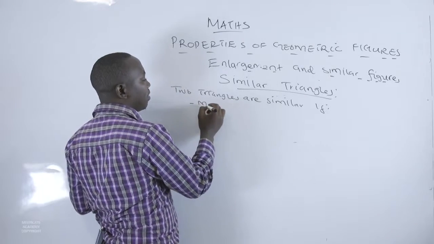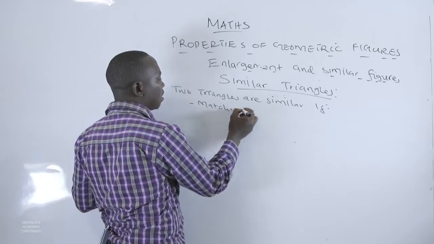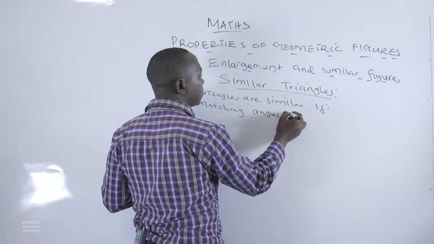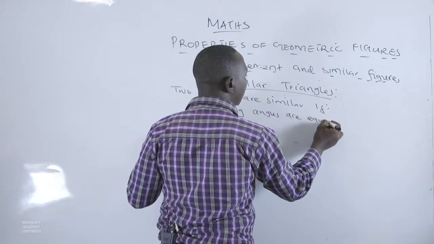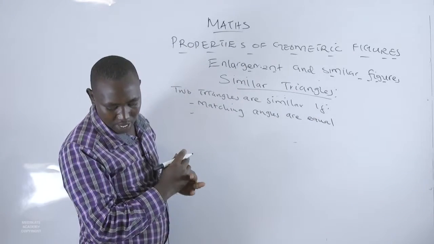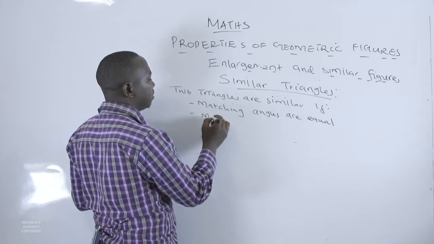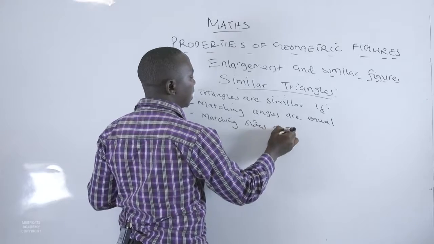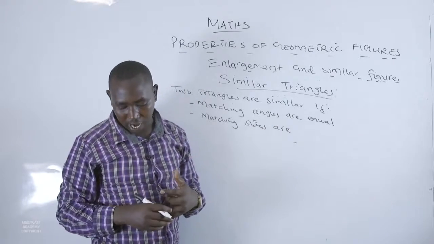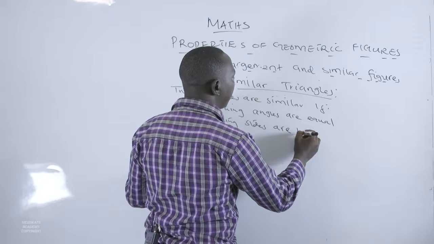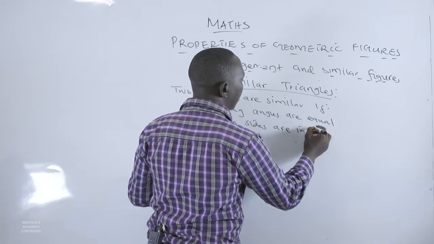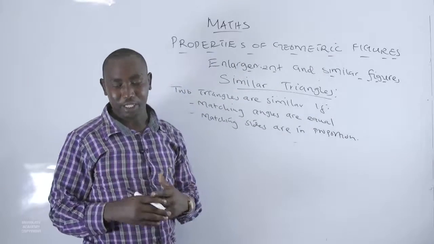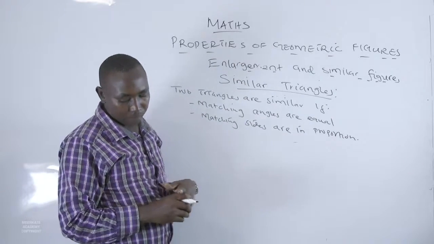One is that the matching angles are equal, and two is that the matching sides of those two triangles are in proportion. That is to say, they are of the same ratio.